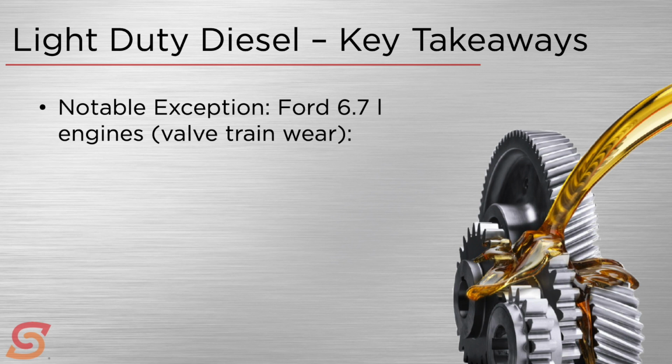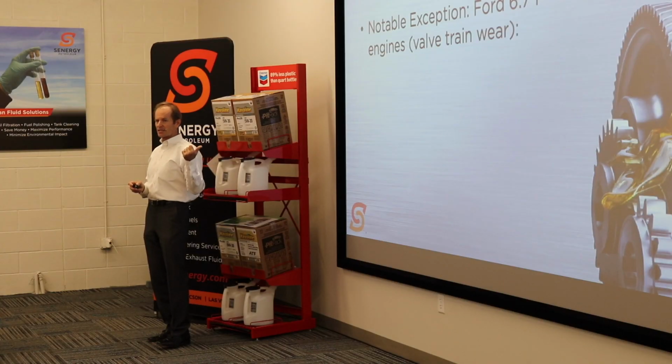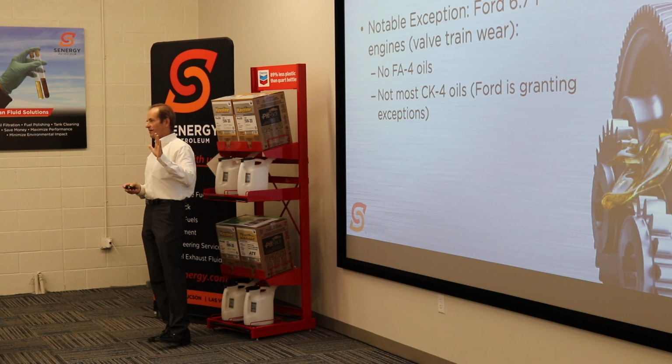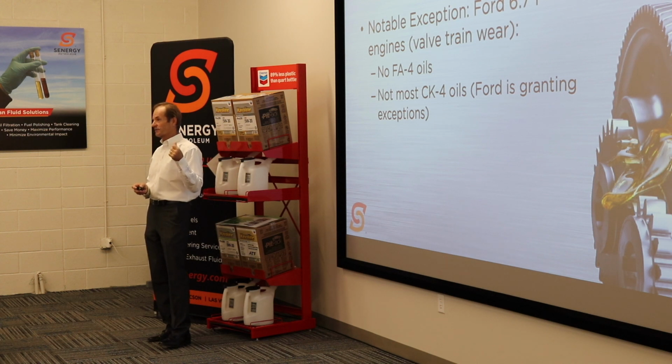Ford 6.7 liter engines. When FA4 and CK4 came out, right at the end of 2016, Ford kind of jumped up and down and screamed and yelled and said, we've got these 6.7 liter engines that are exhibiting valve wear. Not only on the FA4, the light stuff, they're exhibiting valve wear on the new CK4 specification, which was supposed to be better going backwards.